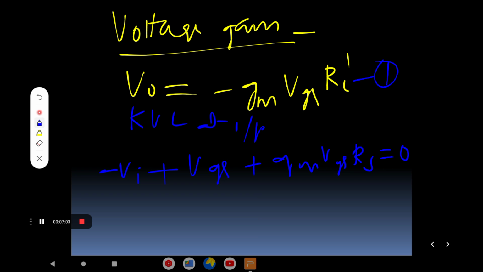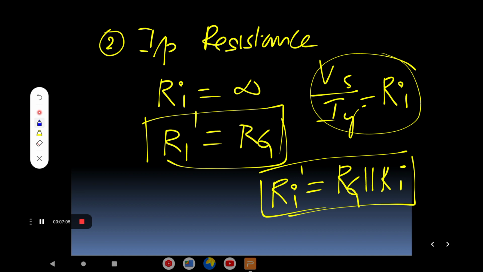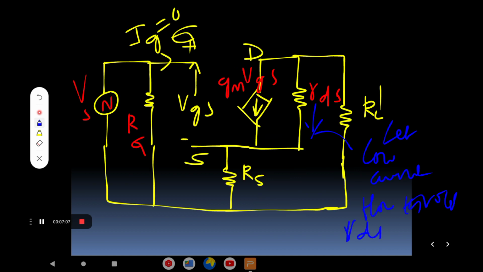So if you apply KVL at the input side, you will get minus VI plus VGS plus GM into VGS into RS.